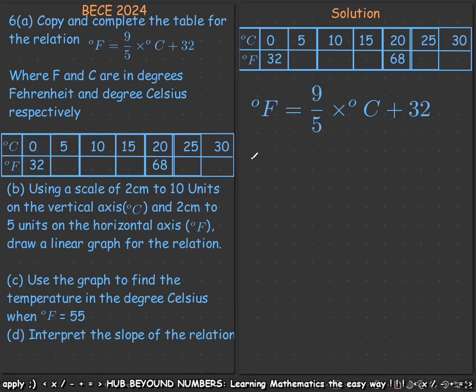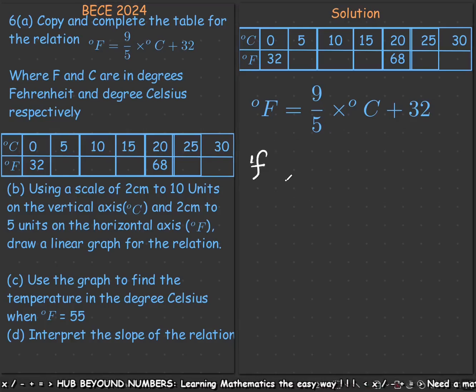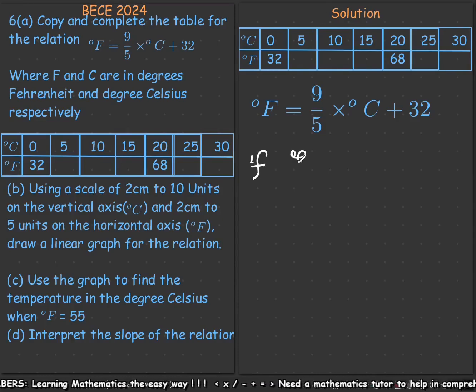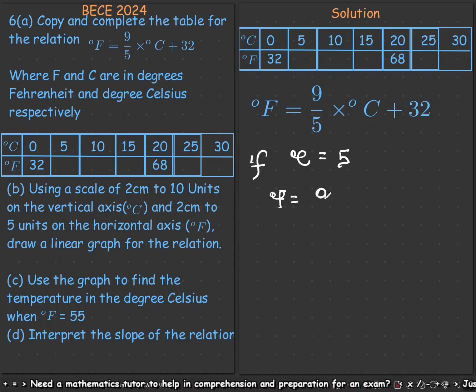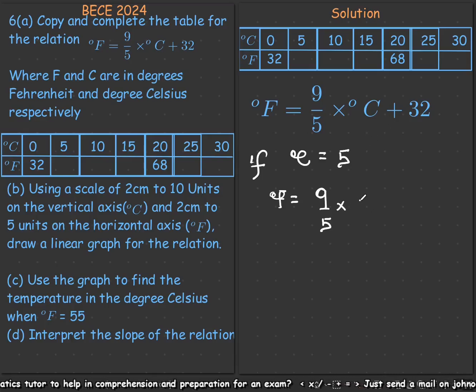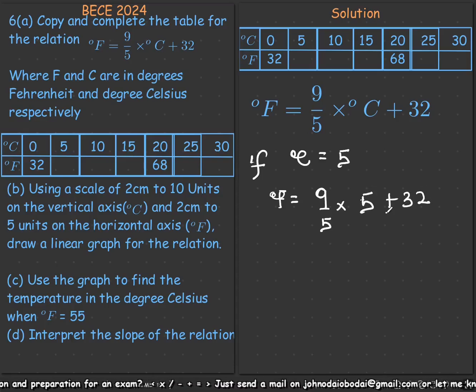We are picking the points one after the other. 0 has already been worked for us, so we go to 5. If degree Celsius is equal to 5, then our degree Fahrenheit would be equal to 9 over 5 times Celsius, which is 5, and then plus 32.